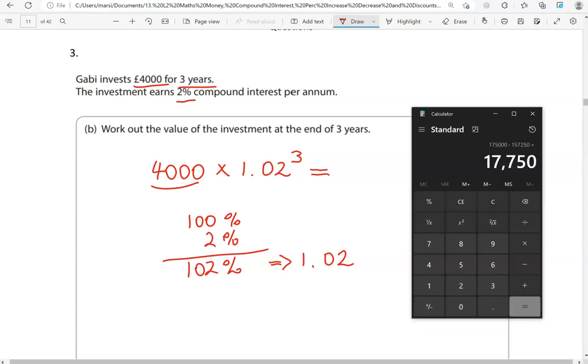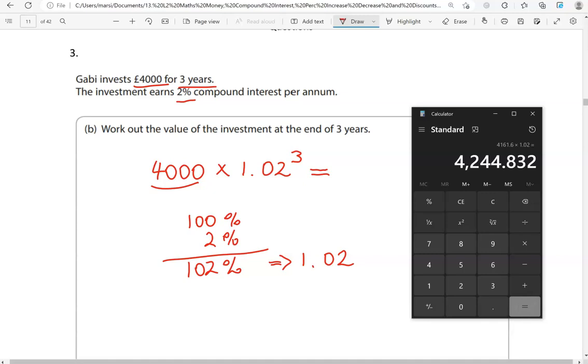So we'll do this using a calculator. 4,000 times 1.02 times 1.02 times 1.02, so 3 times. If you have a scientific calculator, you can just do to the power of 3. But if you don't, don't panic.